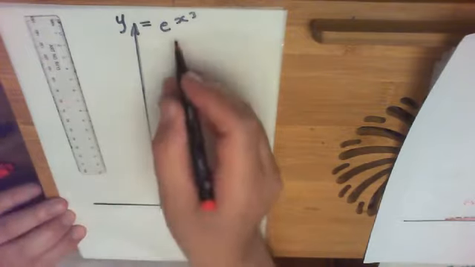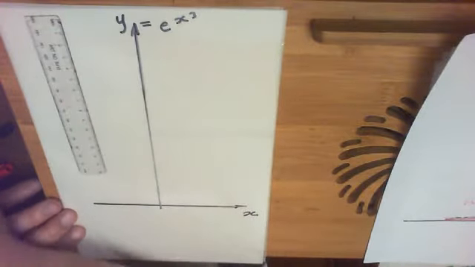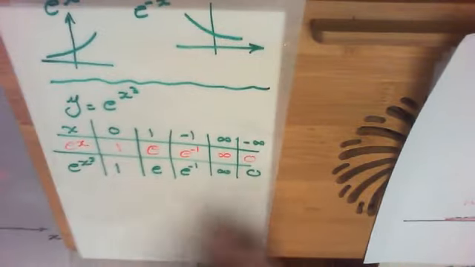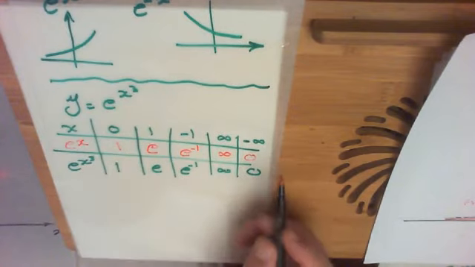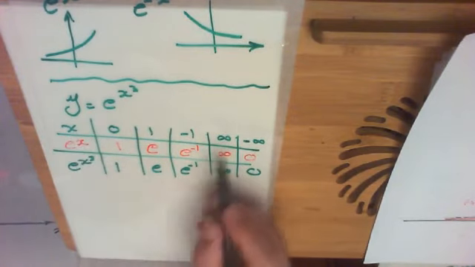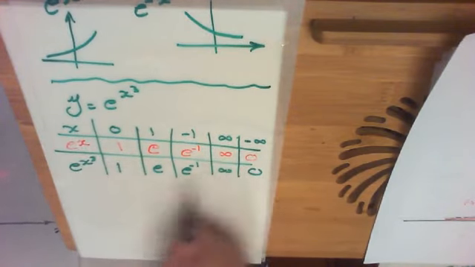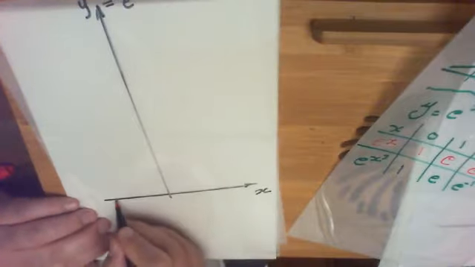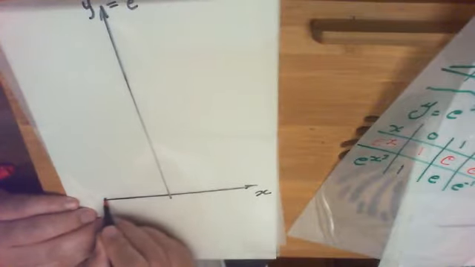Our problem, as I told you, has the same behavior as e to x. As x approaches infinity, e to x approaches infinity. As x approaches minus infinity, it has the same behavior. So it will be like this.